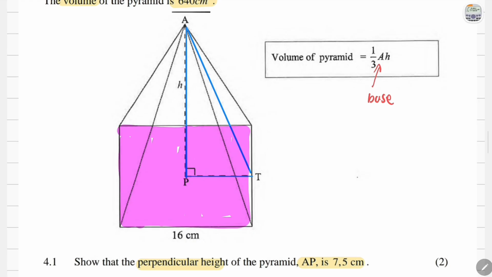That means that this is the center, okay? This is right at the center of the square. Since we know that this shape is a square, we know this is the center. So it means that PT, if this is 16 centimeters, then PT is exactly 8 centimeters. So we've got 8 centimeters here. We have 7.5 centimeters on this perpendicular height. And so we can find this hypotenuse of AT, which is the slanted height.